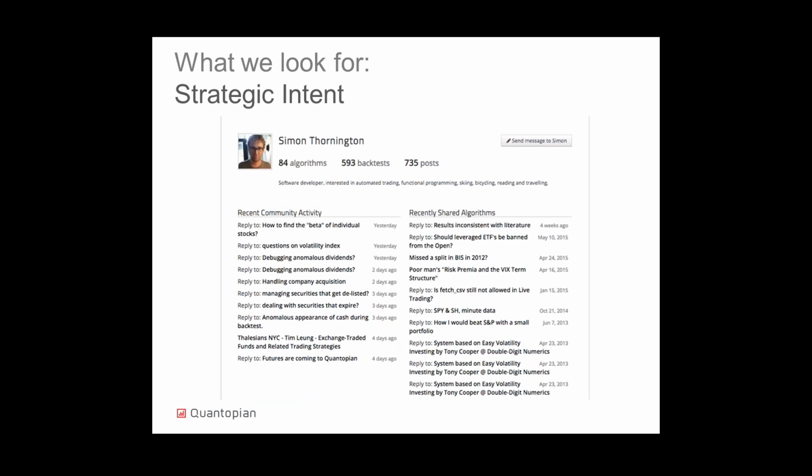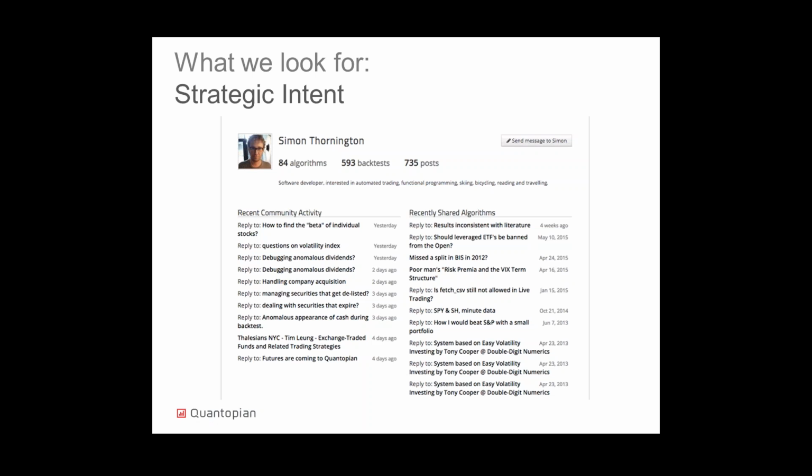To drill into that a little further, I have actually met Simon personally when he used to live in New York, but even if I hadn't, I can click through and look at Simon's profile page on Quantopian, and it's really easy to get an idea that he's a real person who's created a lot of algorithms and run a lot of backtests. He's got his profile picture up, and a short bio about himself. And if I'm interested in what he's been working on in the past, I can look at algorithms that he has shared and things he said in the forums.